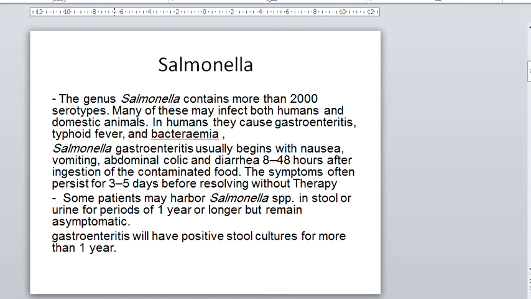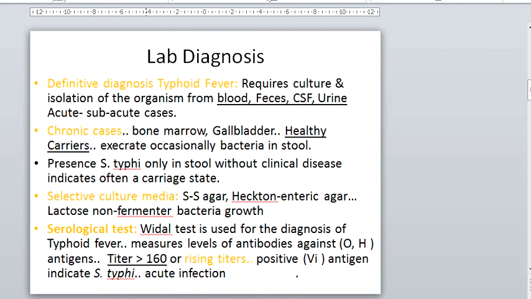Illness usually begins with nausea, vomiting, abdominal cramps, and diarrhea within 8 to 48 hours after ingestion of contaminated food. The symptoms often persist for 3 to 5 days before resolving without therapy. Some patients may become carriers for 1 year or more.